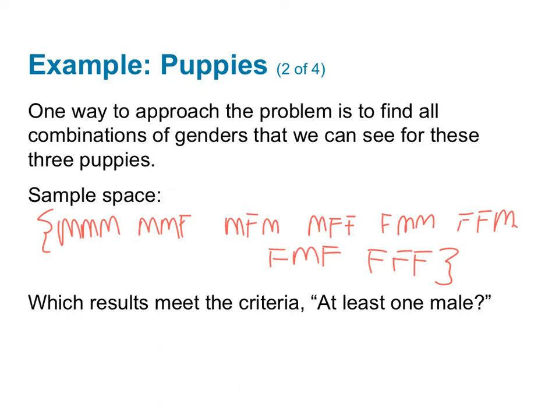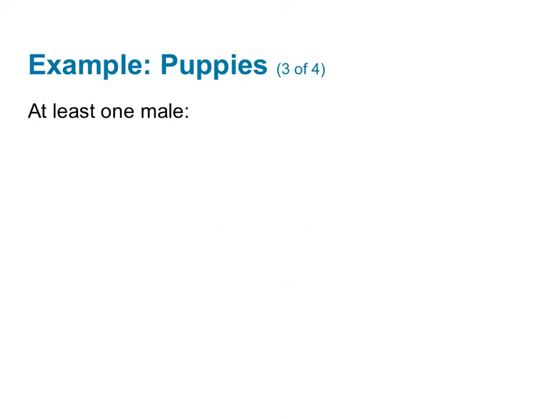Which result meets the criteria at least one male? If you're looking at least one male, you're actually looking at everything except female, female, female, where all of them are born female. So there is a long way to find this. You would say the probability of male, male, male is 0.55 to the third.